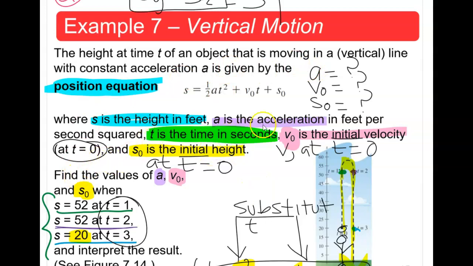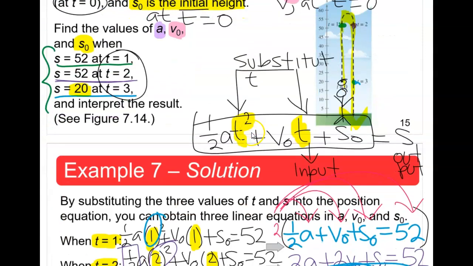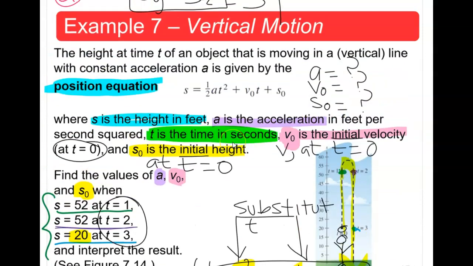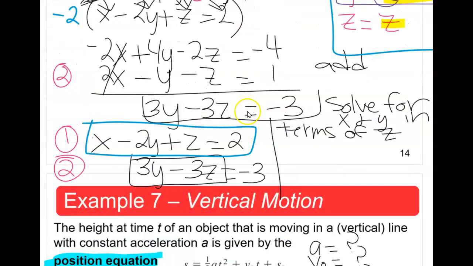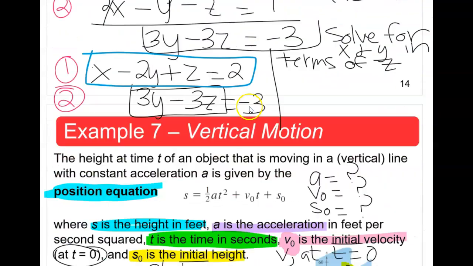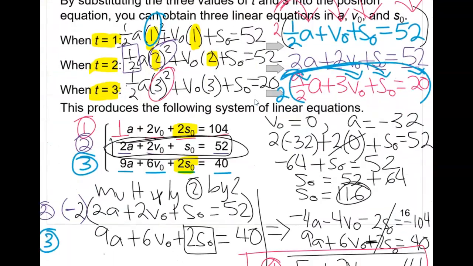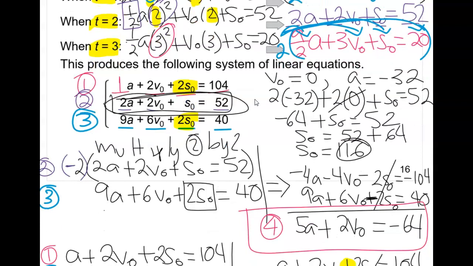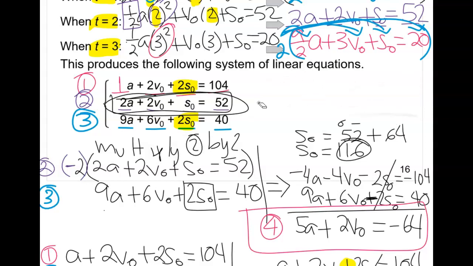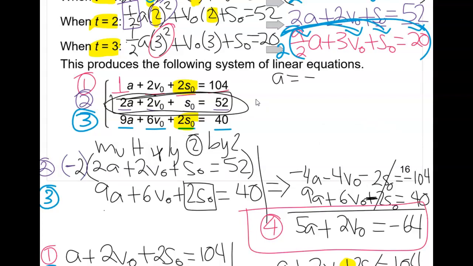Seconds and feet. Okay. So what I was going to do was solve for the third one that we don't know. So yeah, it was here. So I'm going to erase all of this. We don't need it. And we're going to use the fact that A is negative 32.